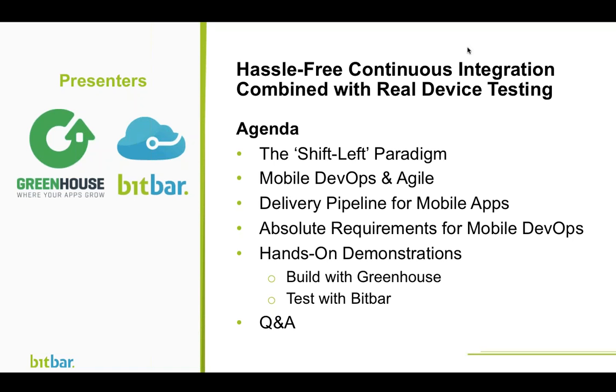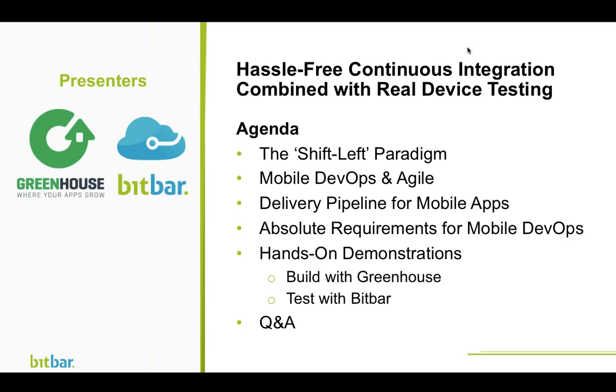We look at also some of the delivery pipeline things for how people actually build their apps today, what sort of things they confront, and what are the challenges when they have this delivery pipeline for their apps. We also outline some requirements for how you actually adopt mobile DevOps and how you basically use it for your internal doings.